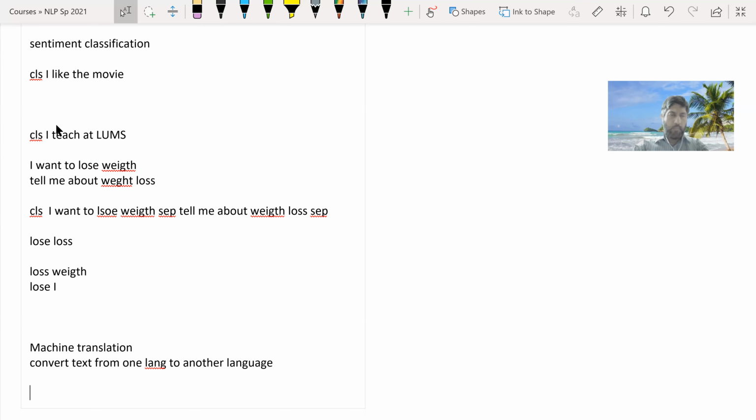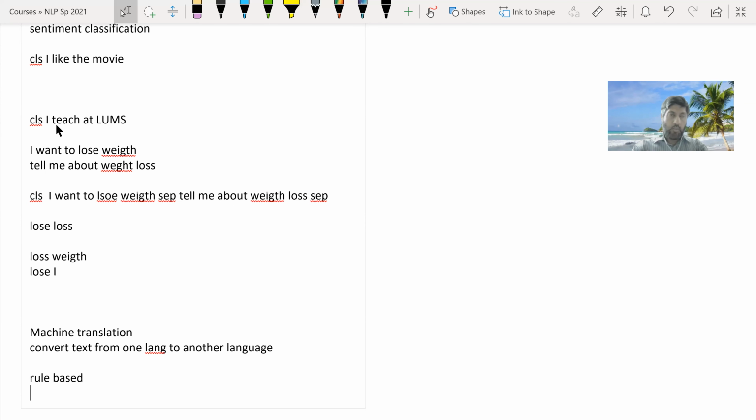NLP people spent a lot of energy devising techniques for machine translation. In the initial days, they relied upon rules. So a large amount of information was coded into rules, and then those rules were used to translate one language to another language. Later on, which became more popular, we had probabilistic machine translation.